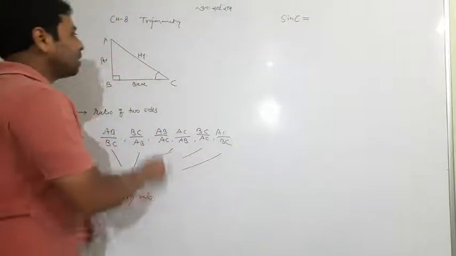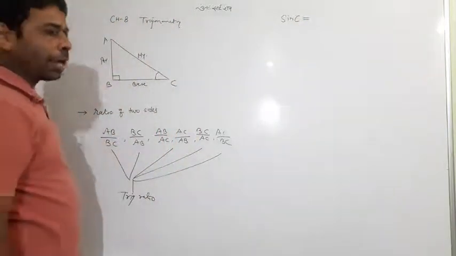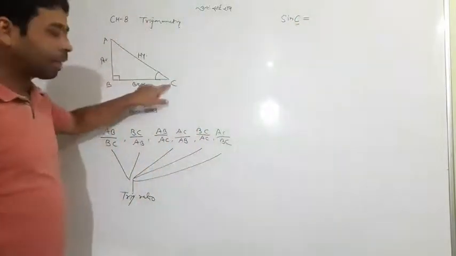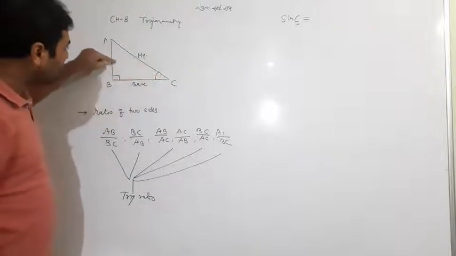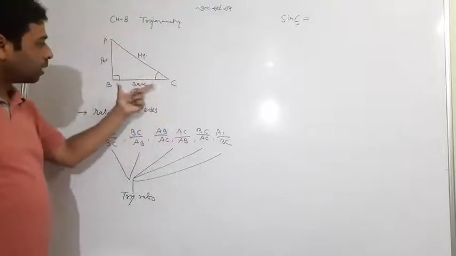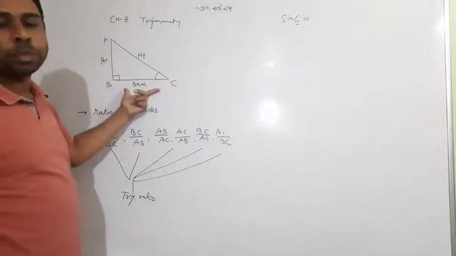If I am writing C, one should know that this is our acute angle, and for a particular acute angle, the front side is the perpendicular, the slant is always the hypotenuse, and the rest side is always the base.